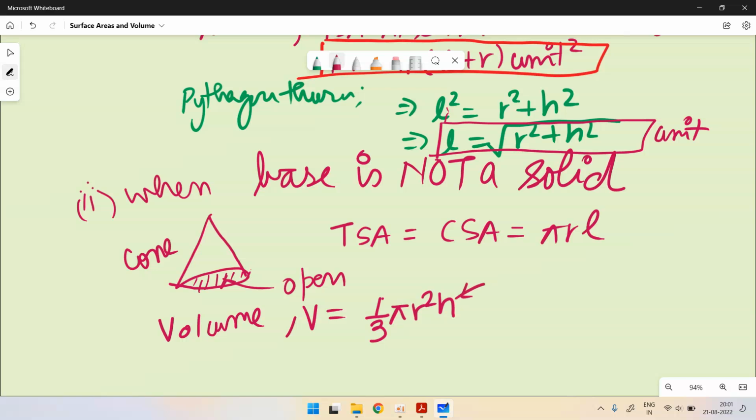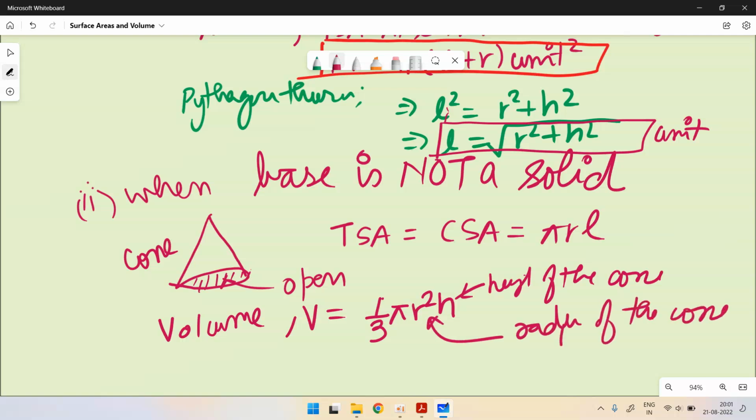H is the height of the cone and r is the radius of the cone base.